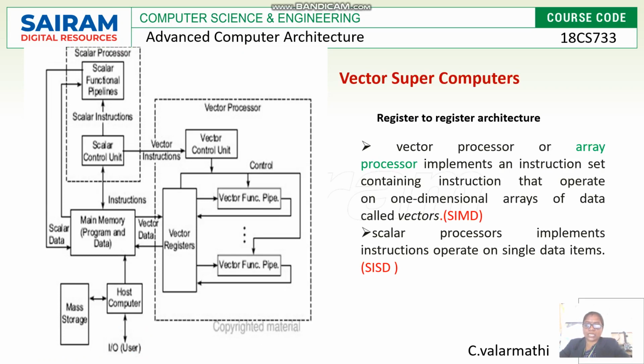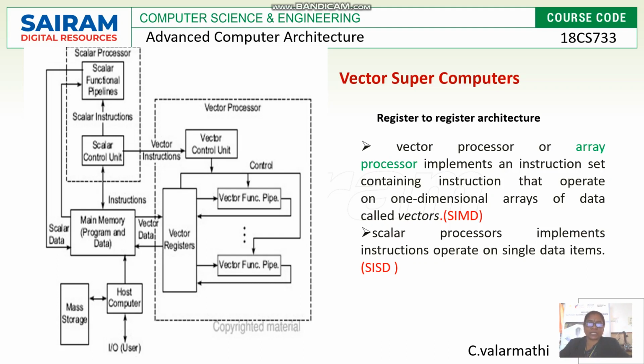Vector processor is most similar to the architecture of SIMD. When multiple data or multiple operands are going to be executed by a control unit, to process the multiple data we need one processor which has to execute in a pipelined fashion, and it should take all the functionality of multiple data streams.